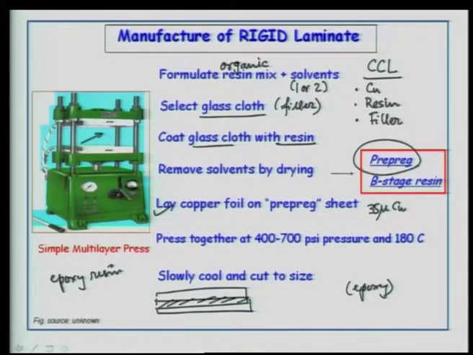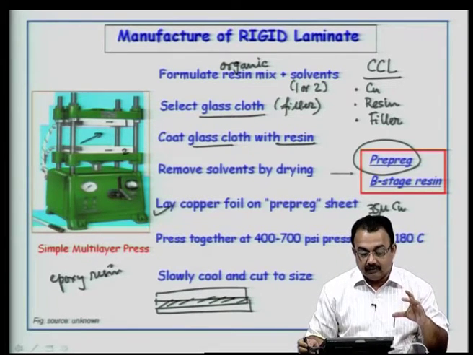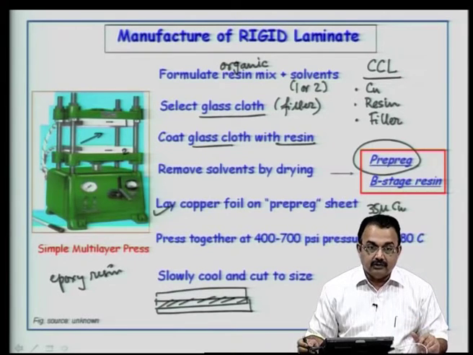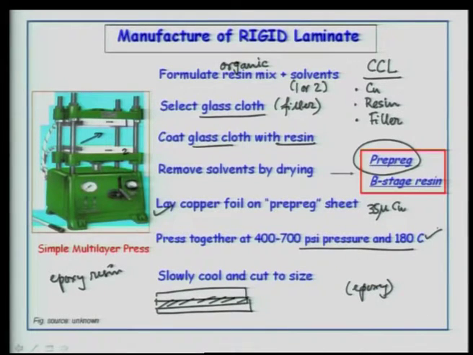This picture shows a typical example of a small multilayer press, where you have two stainless steel plates, and your build up of the dielectric material and the two copper foils in this case is now fed in between the two stainless steel plates, and then they are pressed together at suitable temperature and pressure. And the timing is also very important, and as I said previously, the heating has to be slow as well as the cooling has to be controlled.